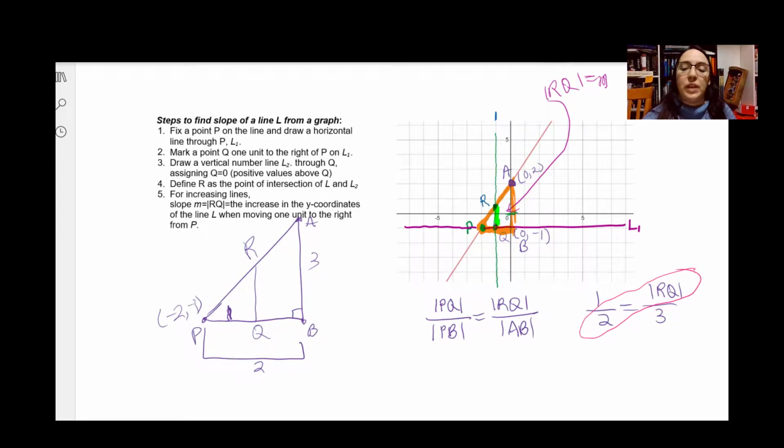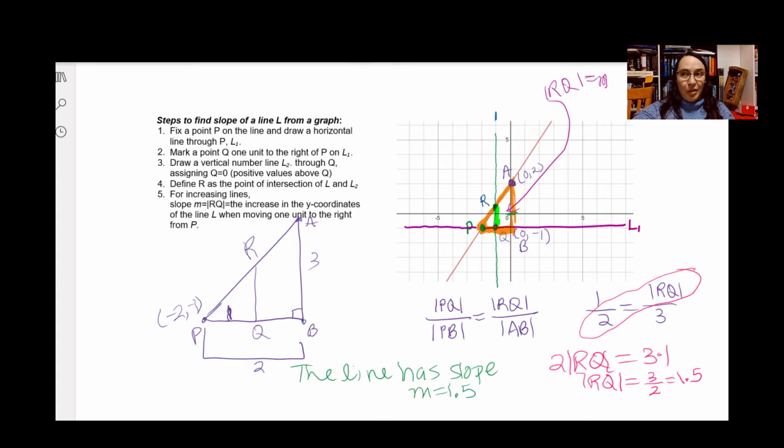So I get 2 times RQ must equal 3 times 1, and thus the length of RQ is 3 divided by 2. And that tells me that the slope of this line is 1.5 or 1 and 5/10, which is equivalent to the fraction 3/2. So I'll write that as our final step.